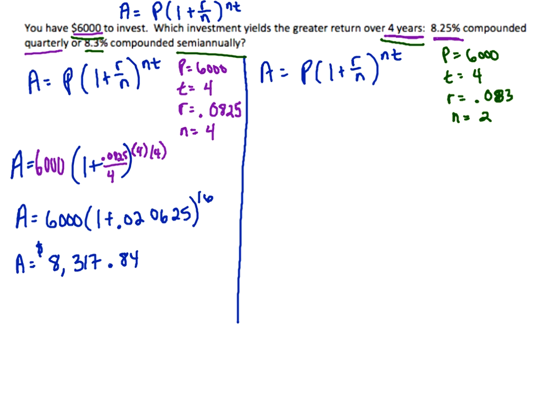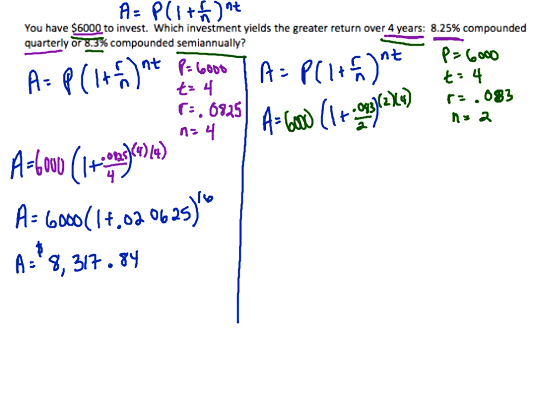So I have a higher rate, but I don't compound as much with this one. All right, I'm going to go ahead and fill in my formula here. So my account balance will equal 1 plus. All right, I'm going to come back and put my values in. So I have 6,000, 0.083 over 2 raised to the 2 times 4.